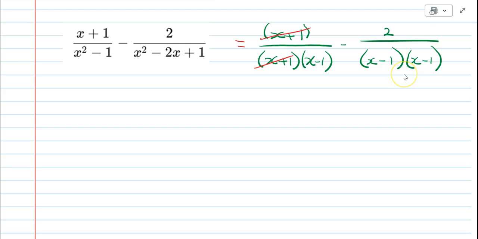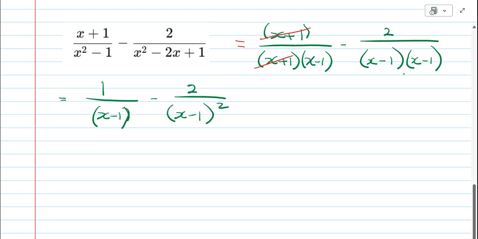There are no common factors here except 1. So now we're going to rewrite 1 over x minus 1 minus 2 over x minus 1 squared. Instead of repeating it, I'll just use a shortcut.